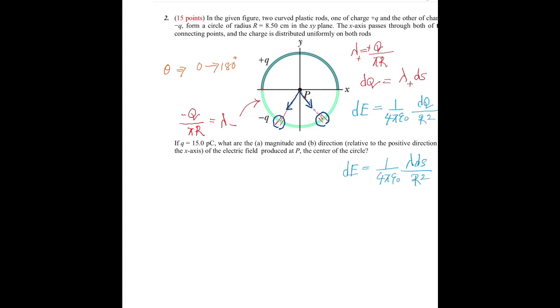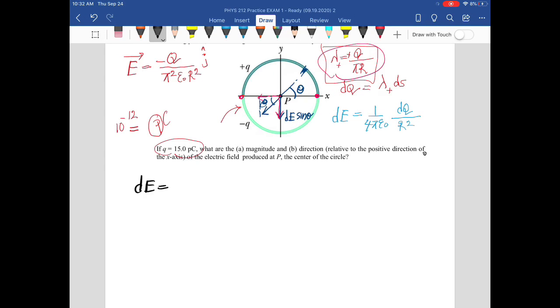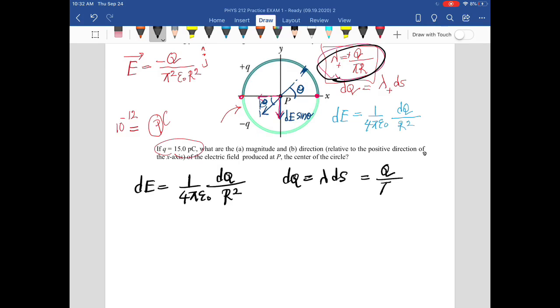So therefore, if we calculate the electric field created by the positively charged rod and then multiply it by 2, we will get the net electric field. dE equals 1 over 4 pi epsilon naught dq divided by r squared, and dq equals lambda ds, and lambda is given here: lambda equals q divided by pi r. So I can write dq equals q divided by pi r times ds.